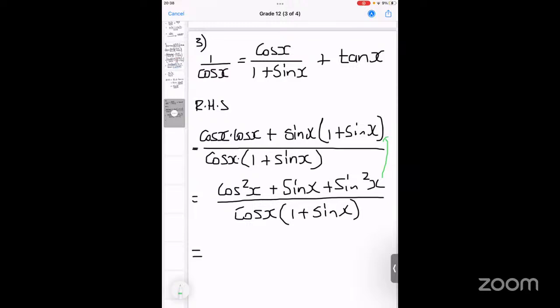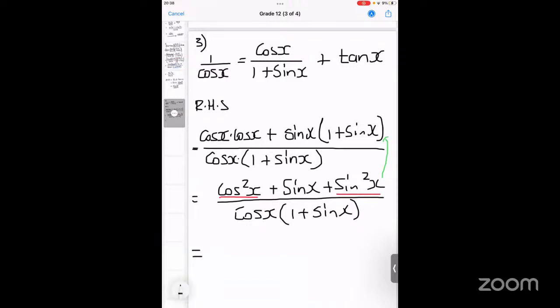So would you agree with me if I said the cos squared x plus sine squared x gives us 1 plus sine x? Yes, exactly that. That's what they wanted. So they were trying to be smart by making sure that the cos squared is there, and then the sine squared is there, so that you don't notice. Can you see, Didintle?